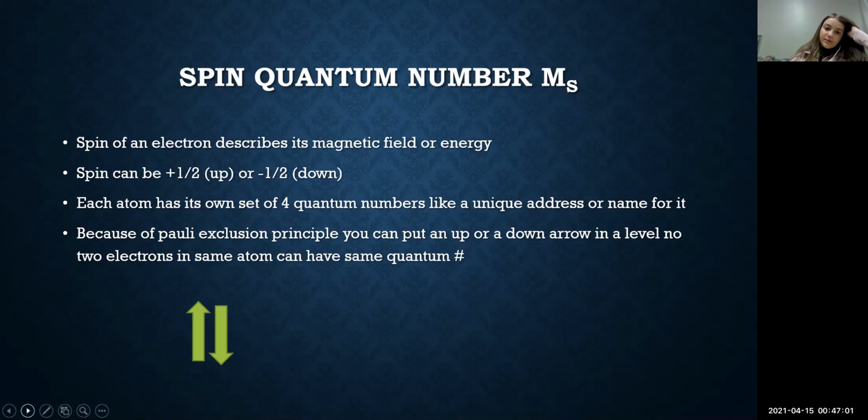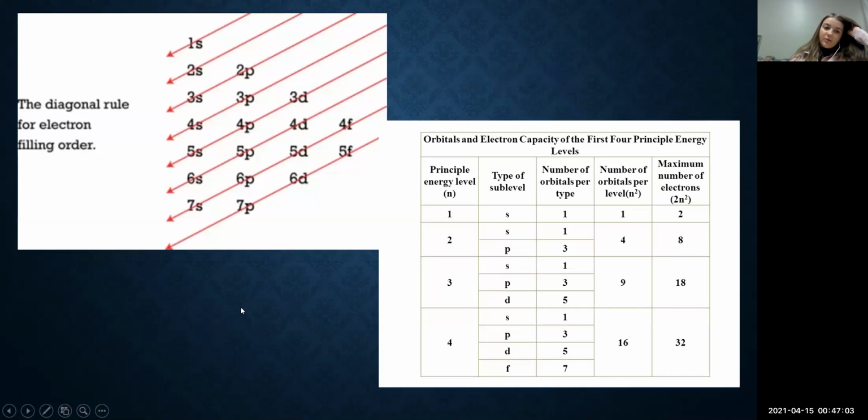So I thought I'd throw these charts in here. They might be useful for identifying which orbitals have the highest amount of energy. And you can also kind of do this with the periodic table.